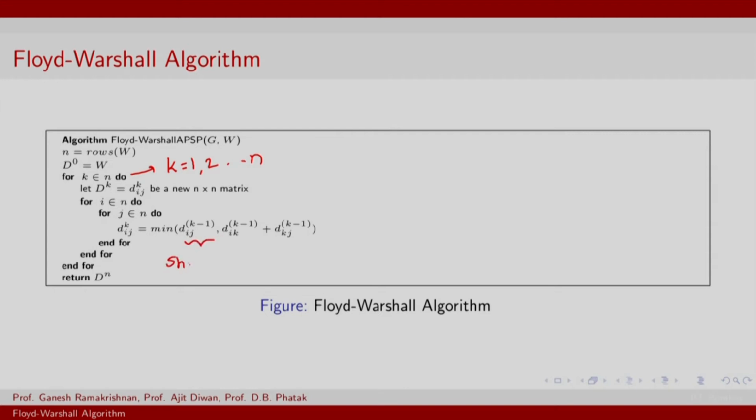So this is the shortest path from vi to vj through one or more of 1, 2, ..., k minus 1 nodes. These are indices, so you might want to specifically write them down as the nodes numbered v1 to vk minus 1.